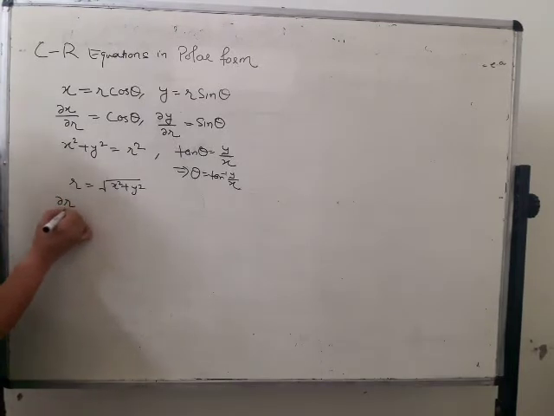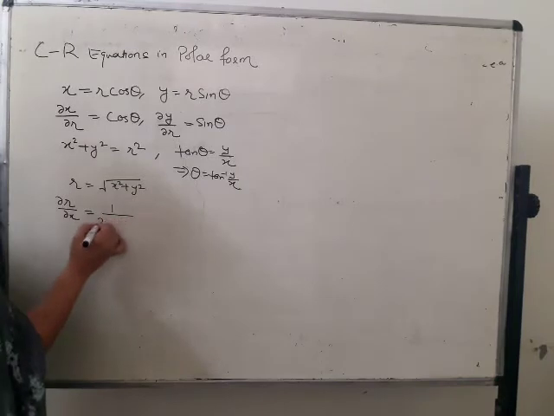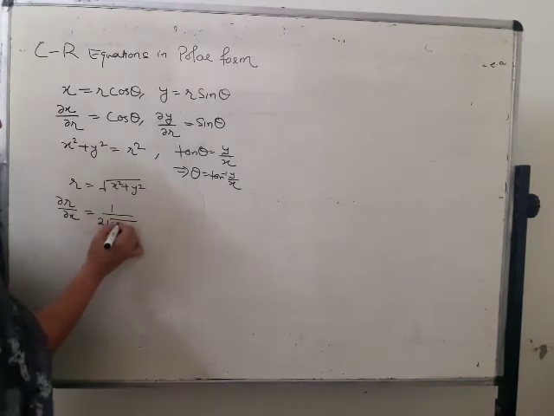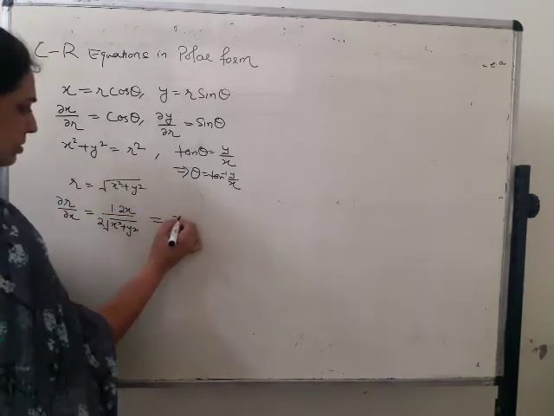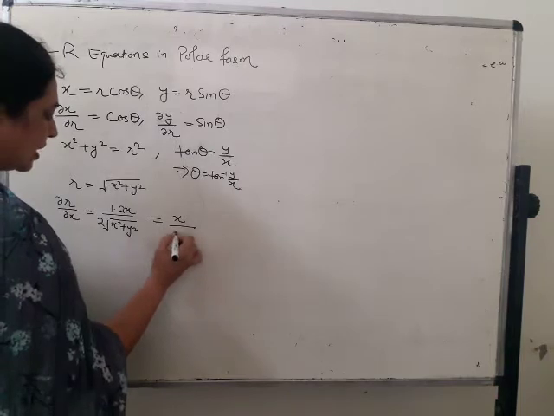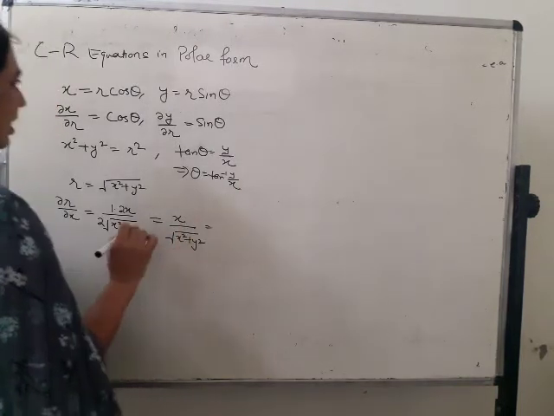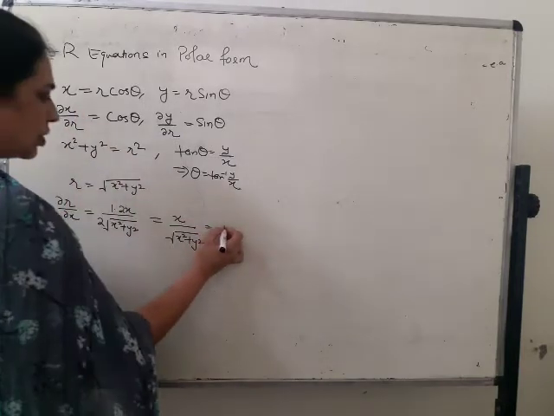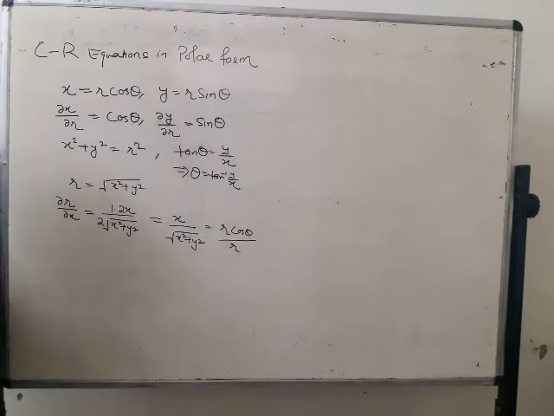Then derivative of r with respect to x is 1 upon 2 root x square plus y square into 2x. This becomes x divided by root x square plus y square. x is equal to r cos theta and the denominator is equal to r.